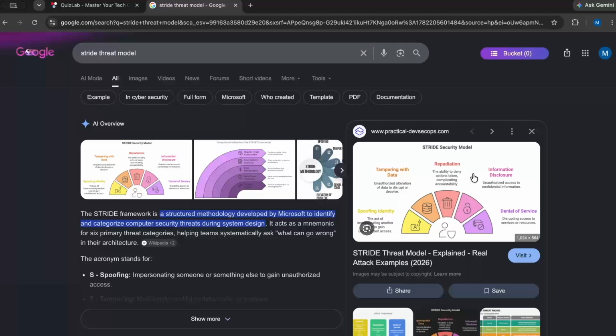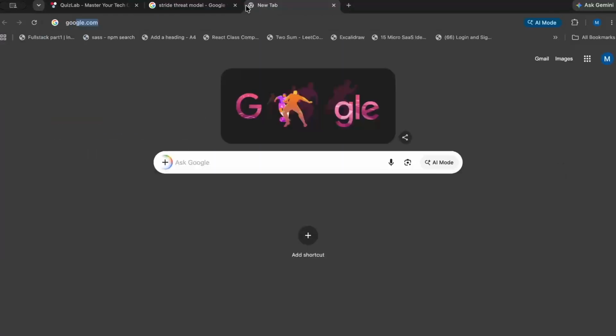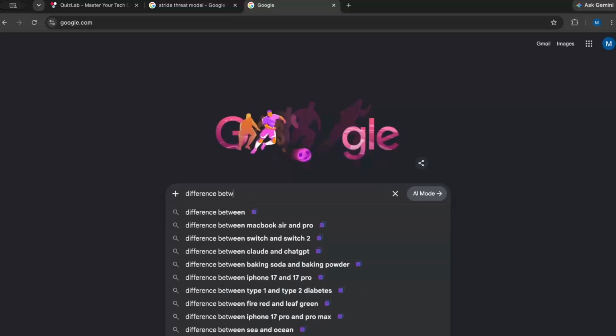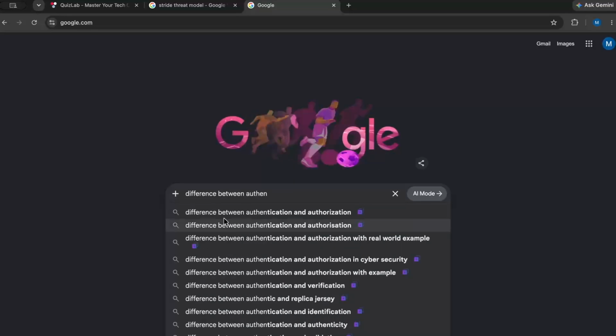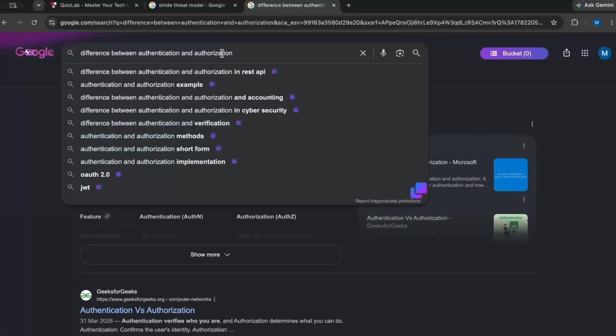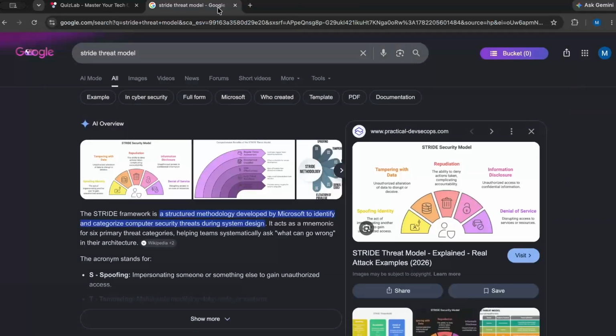There's a difference between authentication and authorization. If you don't know about it, please read about it. You can do a small Google search as I've done, or you can open ChatGPT and work with it fast.